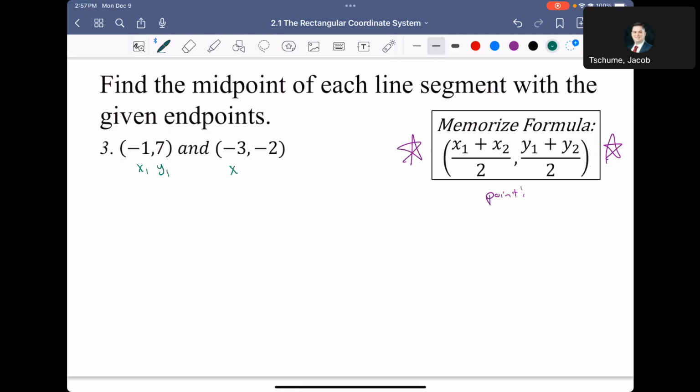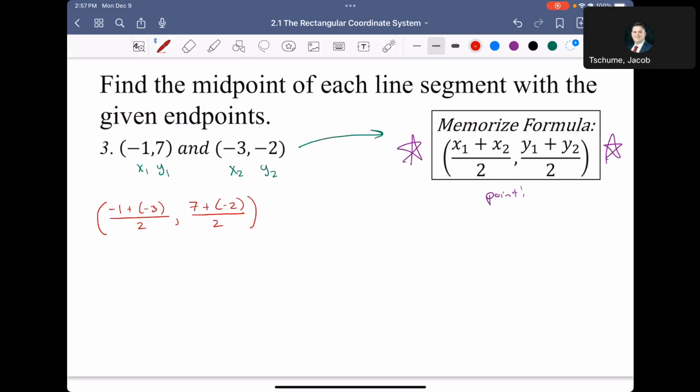And since -3,-2 is my second point given, I'll call that x2, y2. I'm going to plug these 4 numbers into my midpoint formula. And so when I do that, we should end up with my x1 value, which is -1, plus my x2, which is -3, divided by 2, comma, my y1, which is 7, plus my y2, which is -2, divided by 2.